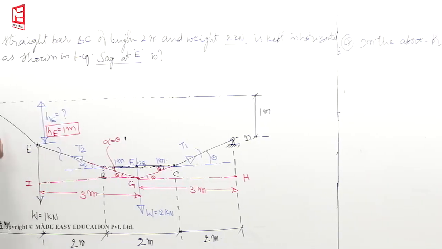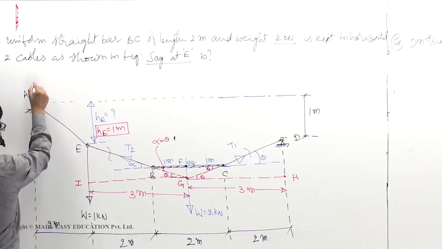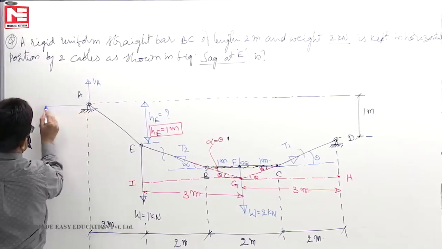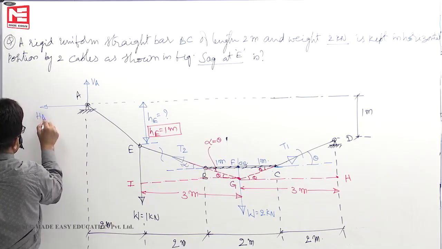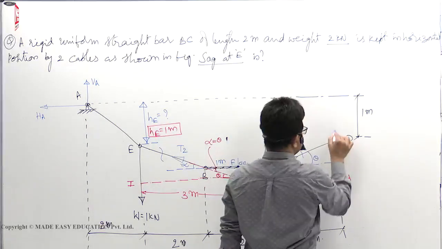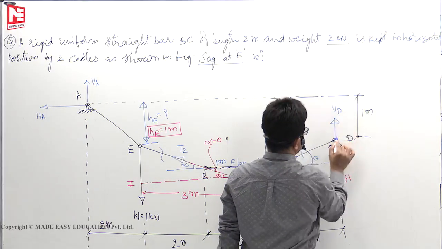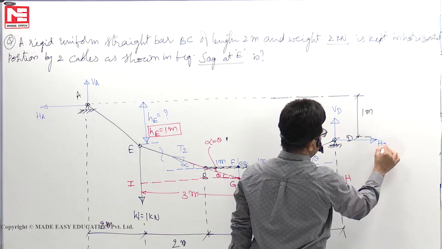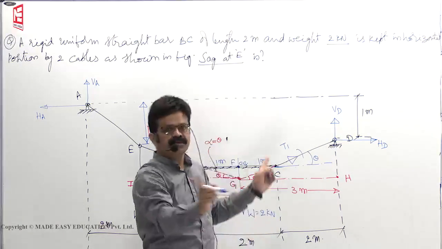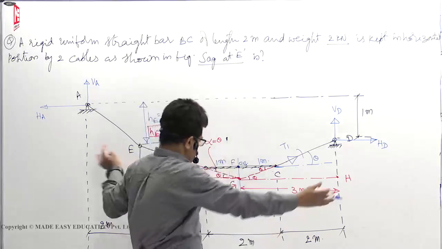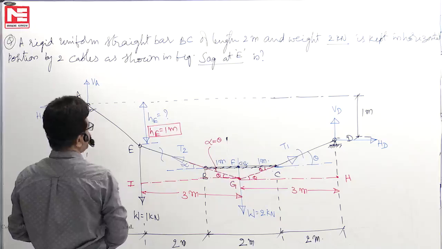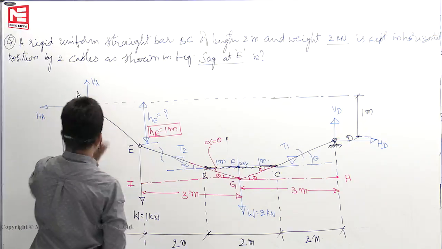To find the tension in the cable, first you have to find the reactions. This is, let us say, VA, and HA. Then here you will get VD. HD will be outward, because when you are pulling it, the supports will exert reactions outward. Otherwise, they will come in and it will fall down. So we have to find the reactions first.